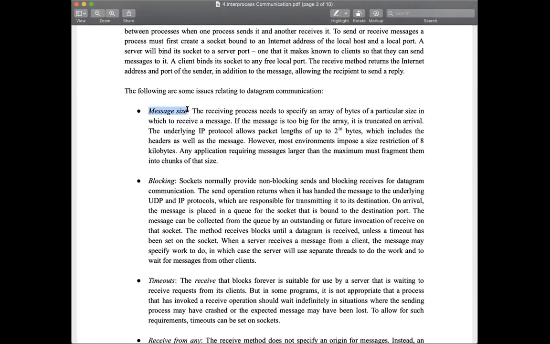Finally, the receiver should also recover the correct message from what was received. So message size is another concern with UDP communication.